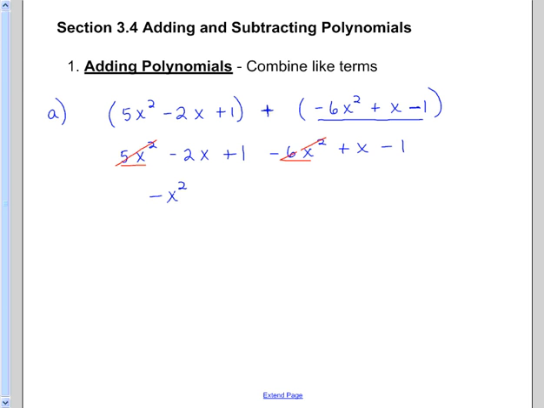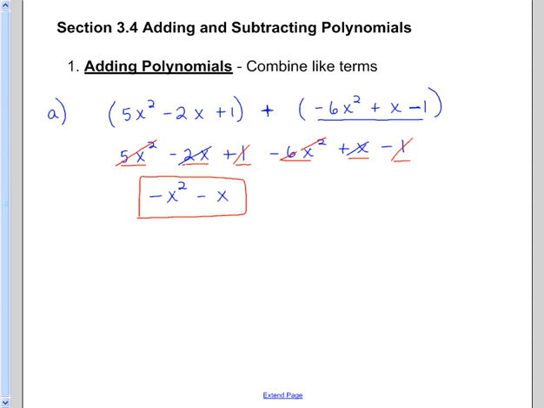I have a negative 2x and a positive 1x, which would be a negative 1x. So we're finished with those two. Then I have a positive 1 and a negative 1, which will automatically subtract out since the signs are different. So my answer would just be negative x squared minus x. We've combined like terms, and the answer is in descending order. That is all you'll have to do on these.